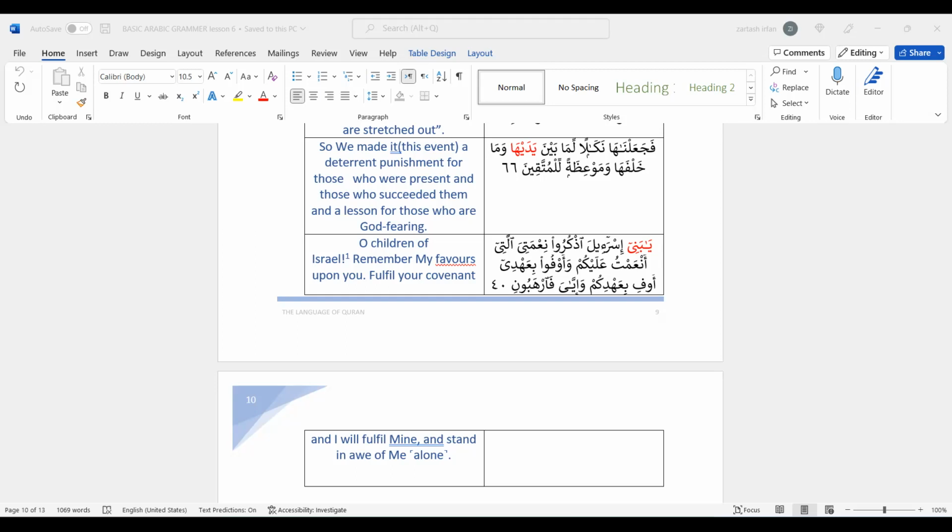Look here. As you know, qamisi is an idafa construction. How? My shirt, shirt of mine. The qamis is the mudaf, and the ya, my, is the mudaf ilayhi.